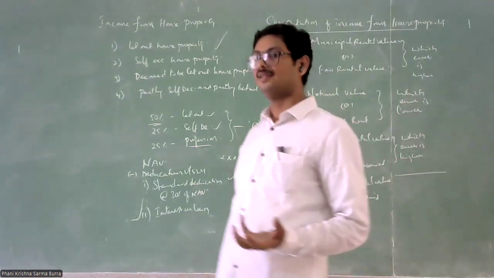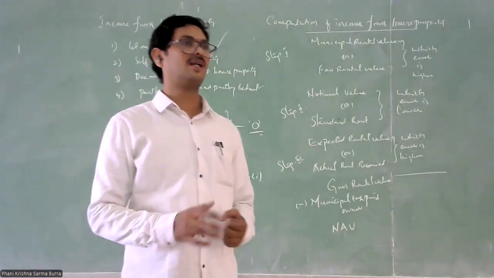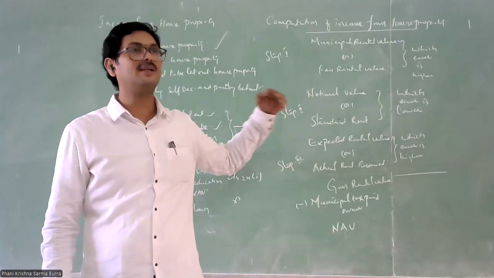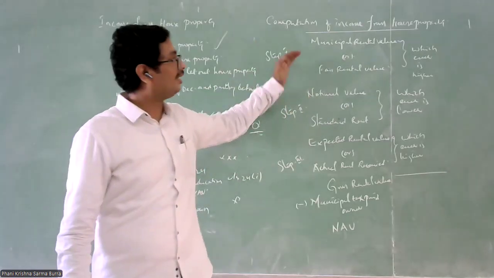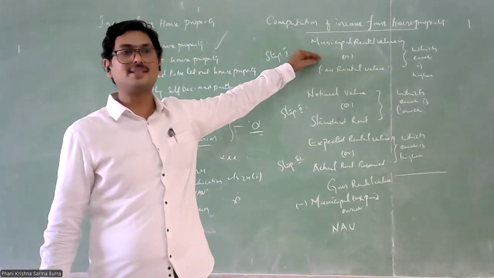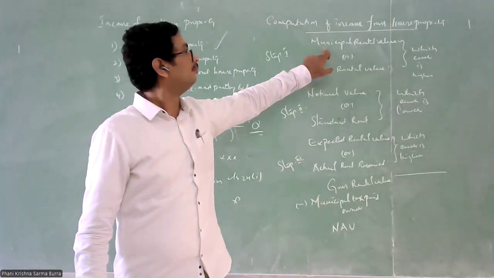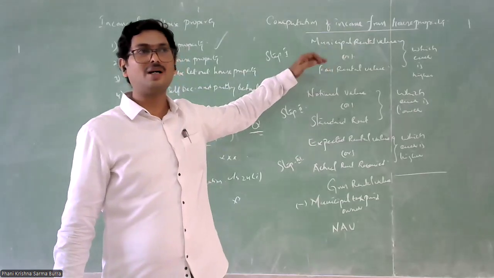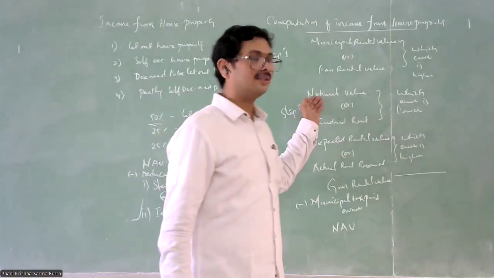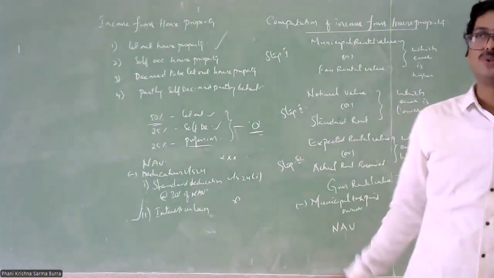If the number of houses or units the owner has is more, the way of calculation follows the same steps. Step one: consider the municipal rental value and fair rental value, whichever is higher, and the highest value is denoted as the notional value.